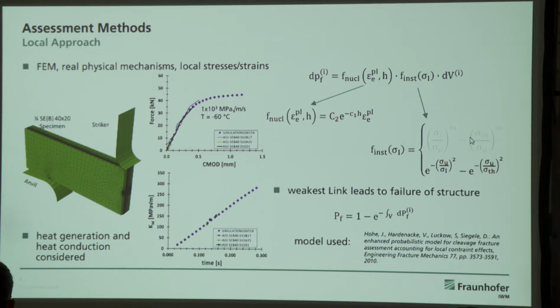In the middle basically just states that you need to somehow compare your experimental with simulation results, so that they produce the same output in terms of force displacement, but also force time, or in this case K over time. And the local approach model that was used was proposed in 2010 by colleagues of mine, which is basically a more sophisticated Beremin type model, and it describes the change in probability of failure as a function of two terms.